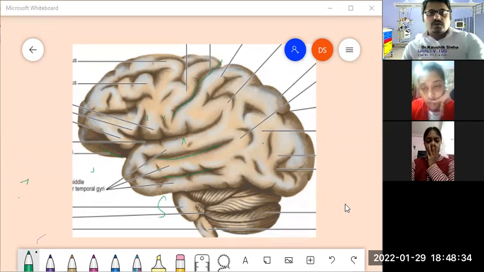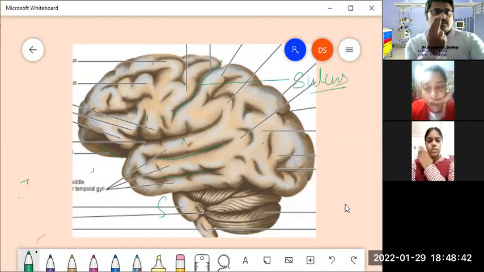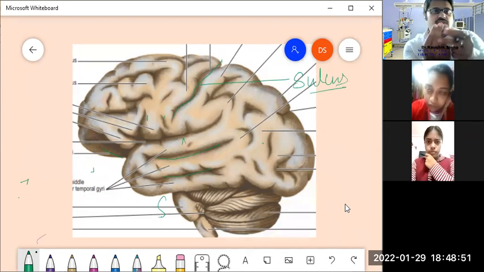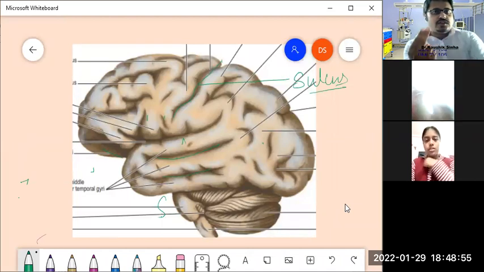Okay, so this line represents the sulcus, and on the sides of the line, this surface is the gyrus. Understood the concept of gyrus?